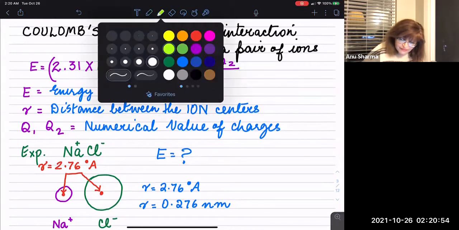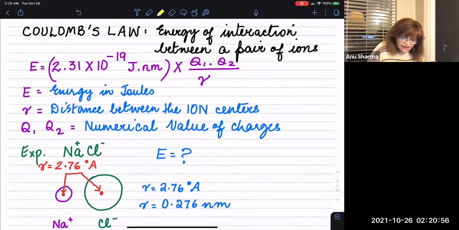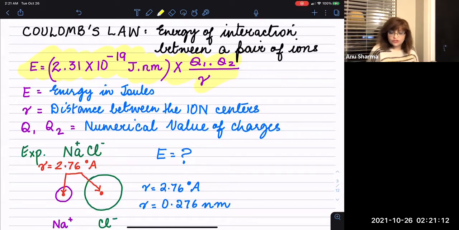And what is that measurement? That measurement is that the energy of the 2 ions is measured. E is equal to 2.31 times 10 to the power negative 19 joules times nanometers times Q1 Q2 over R. So what is E? It is obviously the energy in joules that is present in between the ions.